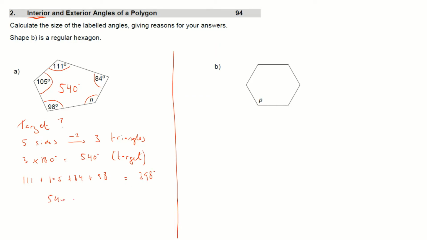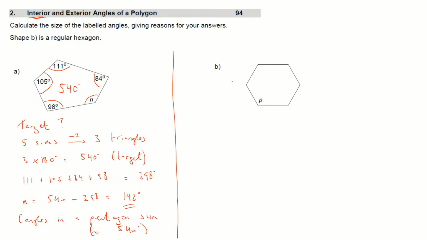So 540 take away 398 is going to be, I'll double check, sorry, 142 degrees. Remember, that was angle N. So angle N is 142 degrees. And if you have to give a reason for it, you can just say angles in a pentagon sum, add up to 540 degrees.